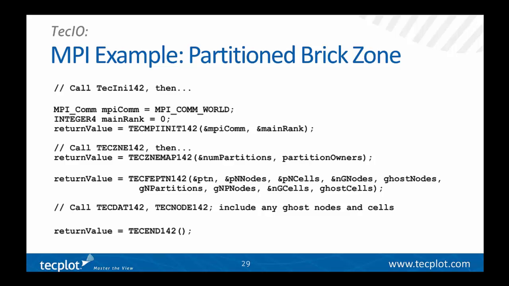Following that, we call TecNode, passing TecIO data for our partition only. And note that for any ghost nodes or cells, we are going to pass in those values; they may or may not be used by the TecIO library. And then finally, we call TecEnd to close the file, and every partition in the communicator needs to call that.